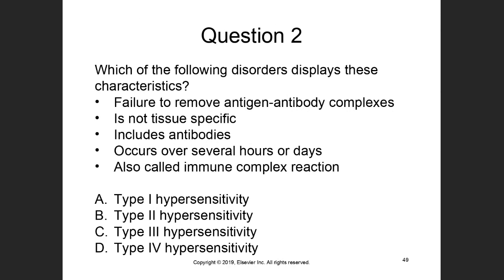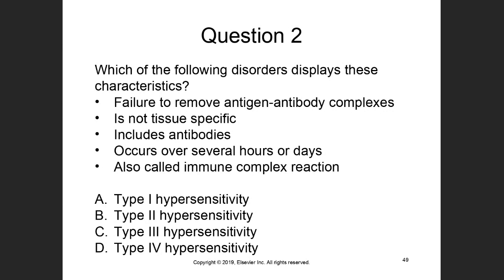And we have question number 2. Which of the following disorders displays this characteristic? Failure to remove antigen-antibody complex, not tissue specific, includes antibody, occurs over several hours or days, also called immune complex reaction.